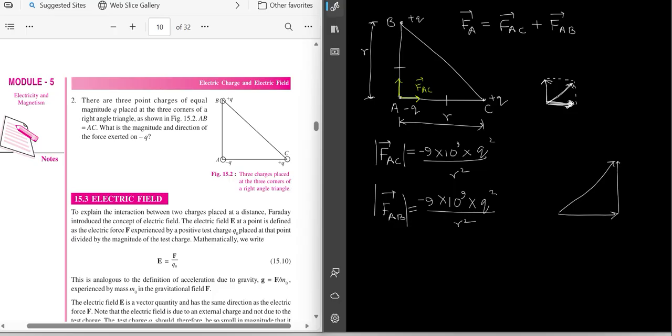So this is the net force on A, right? It is nothing but the hypotenuse. So we take the magnitude of this squared plus the magnitude of this squared, and then take the square root of the sum.